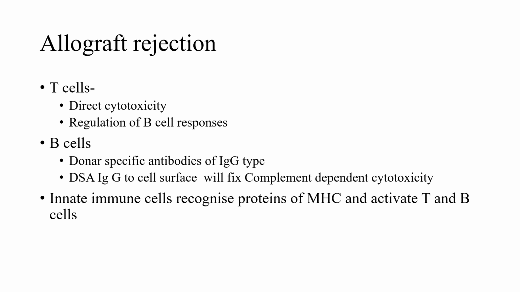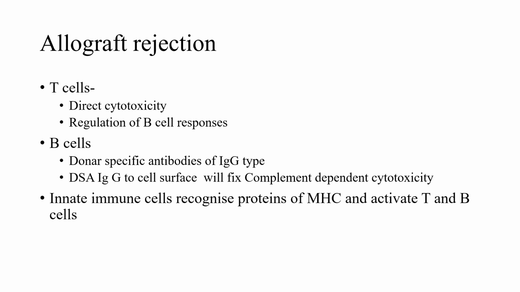They will cause direct cytotoxicity, and they also regulate the B cell responses and activate the B cells for immune production, helper T cells. The B cells also produce specific antibodies against specific portions of the foreign body.